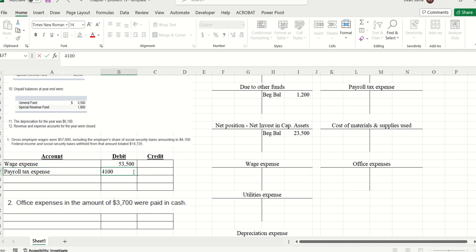That was 4,100, right? Gives it to us. And then we're going to have cash and due to federal government.